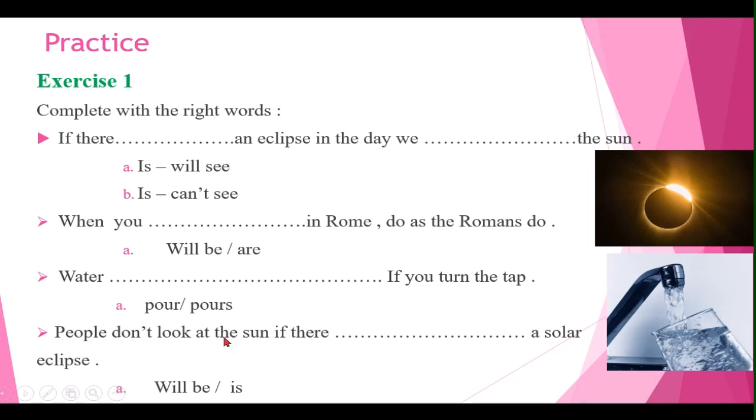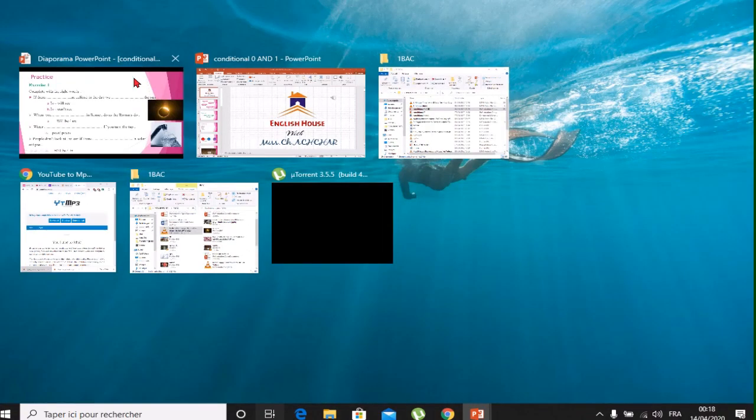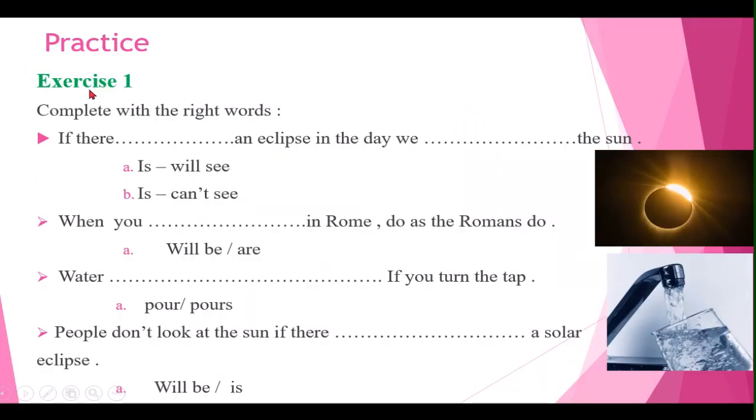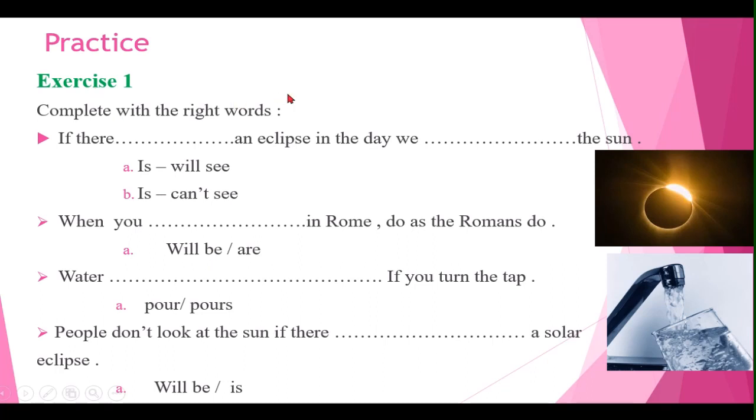People don't look at the sun if there is a solar eclipse. This one in the picture. What you are going to do is complete, or choose here the right form or tense of the verb. You have 5 minutes here.